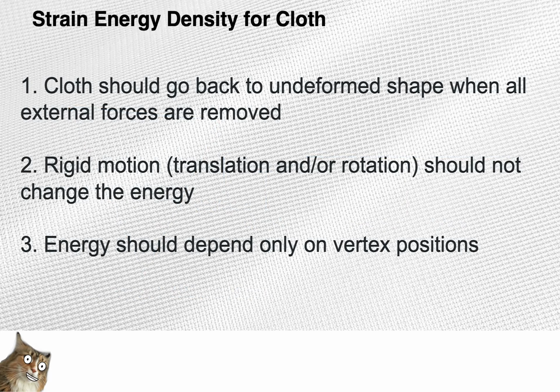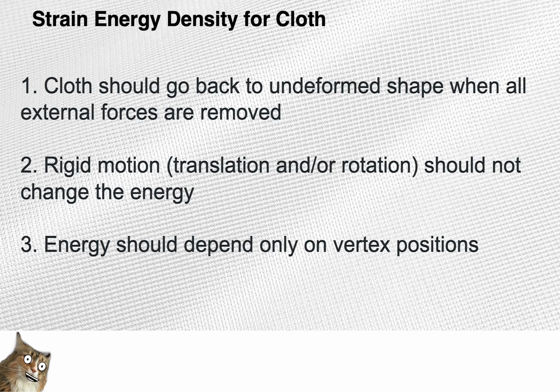There are really three main criteria that define a well-behaved strain energy density function for elastic objects. Obviously, we would like our elastic cloth to go back to its undeformed shape when we remove all the applied forces. We would like the energy model to be invariant to rigid motions so that translating or rotating the cloth doesn't cause it to deform. And in this particular case, we would like the strain energy density to be computable using position information stored on the vertices of our simulation mesh.